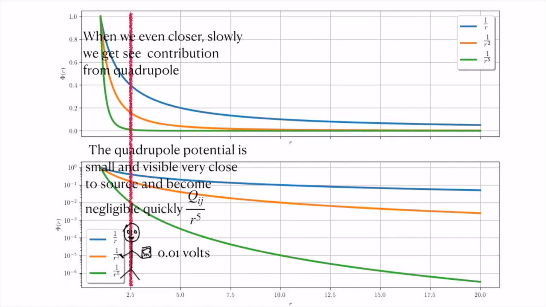You can see that it has a much more complex dependency on ij, which we have to sum over 5 L's or whatever value, and that essentially gives you the quadrupole moment. If you have a more sensitive voltmeter, you would be able to see more and more multipole moments, or you have to come closer and closer to this.